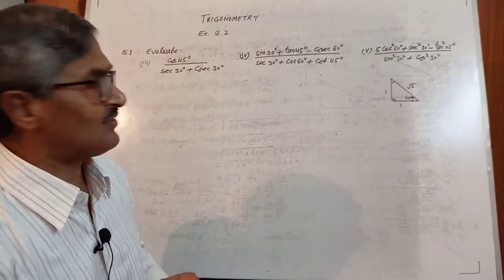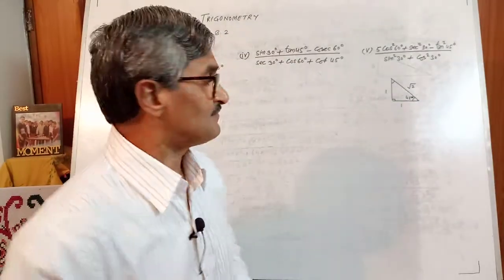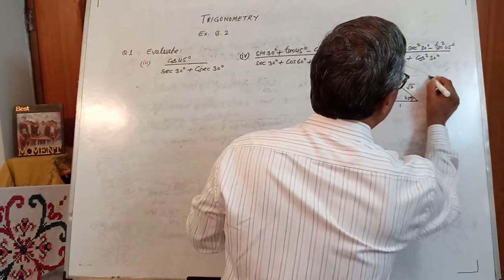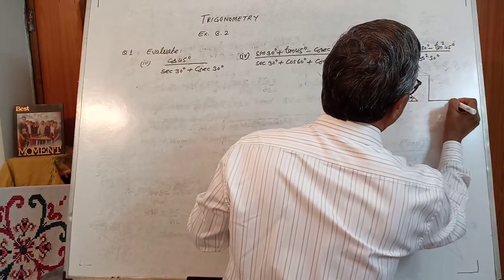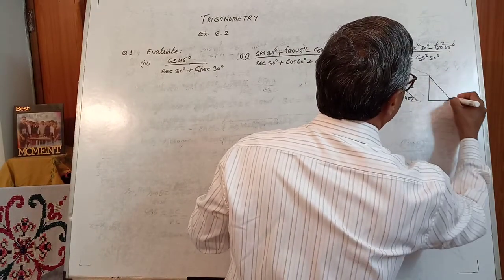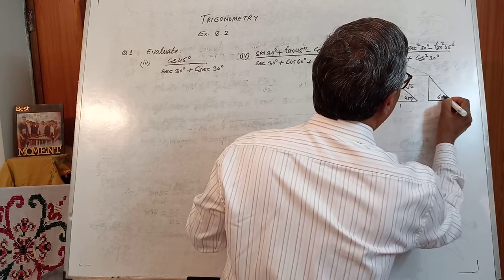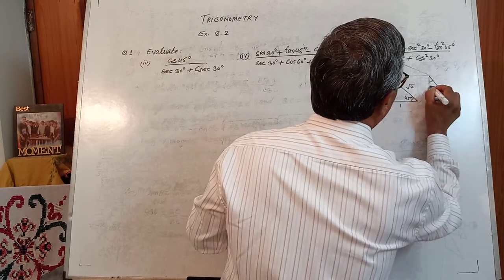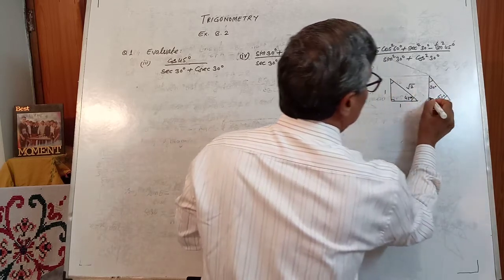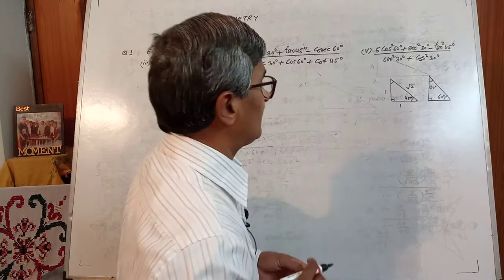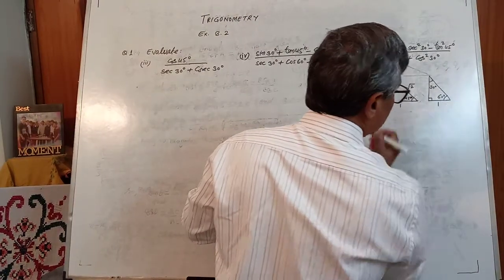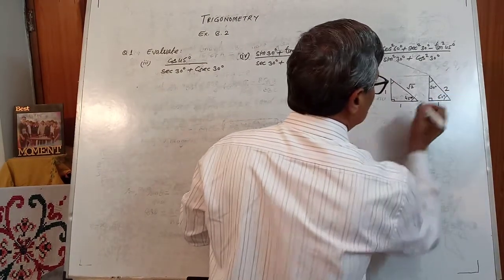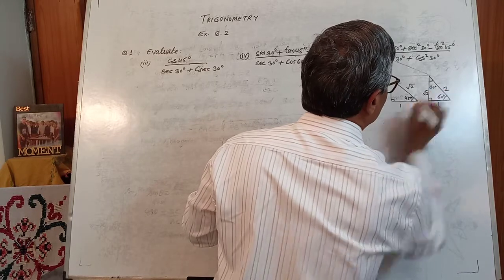This triangle will help for angle 45 degree, whatever value is there. And another triangle has 60 degree. Then this angle will be 30 degree automatically, because the sum of these two angles is 90 degree. Here it is 1, this is 2 and this is under root 3.